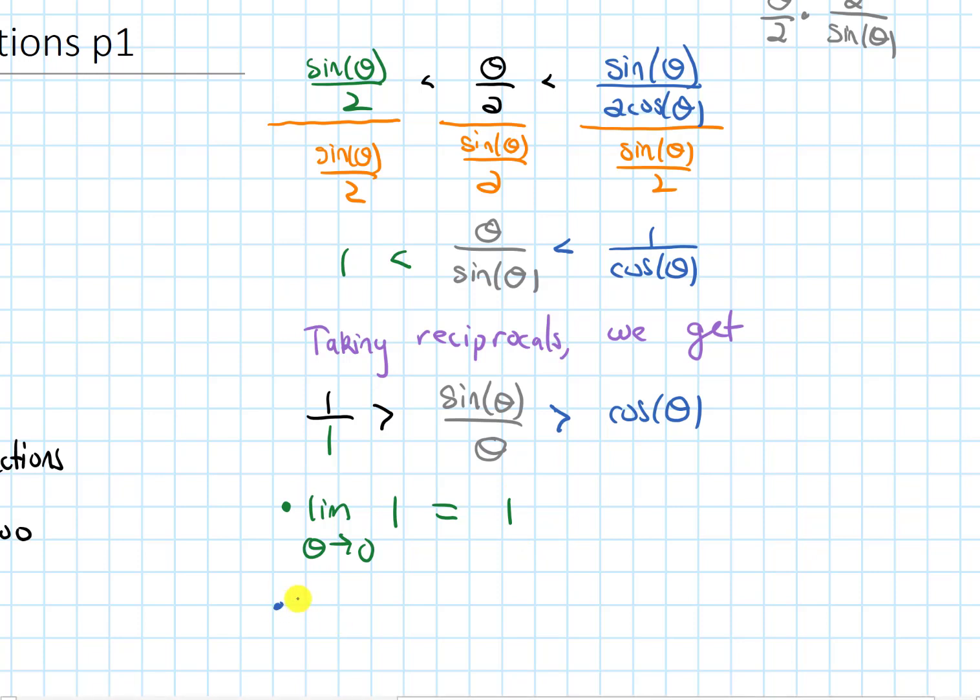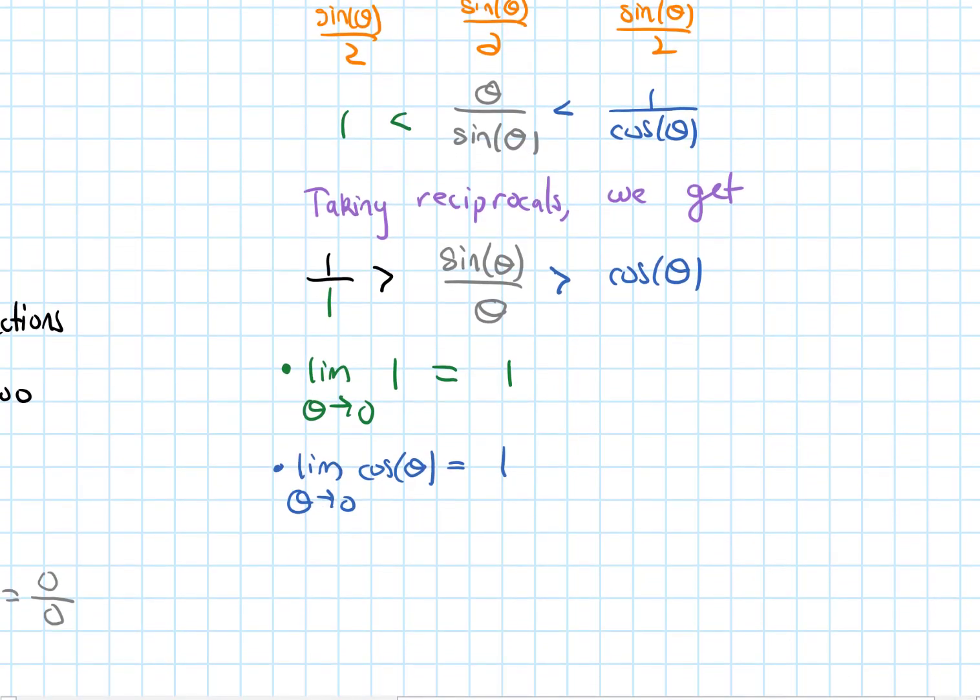Okay, now let's take the limit as theta approaches 0 of the other end, the cosine theta. And if I plug 0 into that, I get cosine of 0, which is 1. And that's exactly what we want with squeeze theorem.